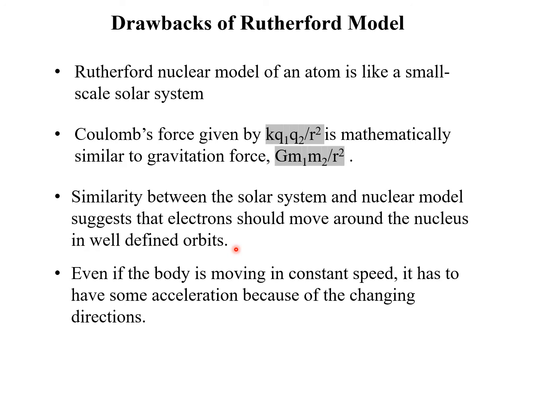Even if the electron is moving at constant speed, since it is a circular motion, it is changing its direction, and with the change in direction comes a change in velocity, that is, acceleration. So even if the electron is moving at a constant speed, it has some acceleration because of the changing direction.